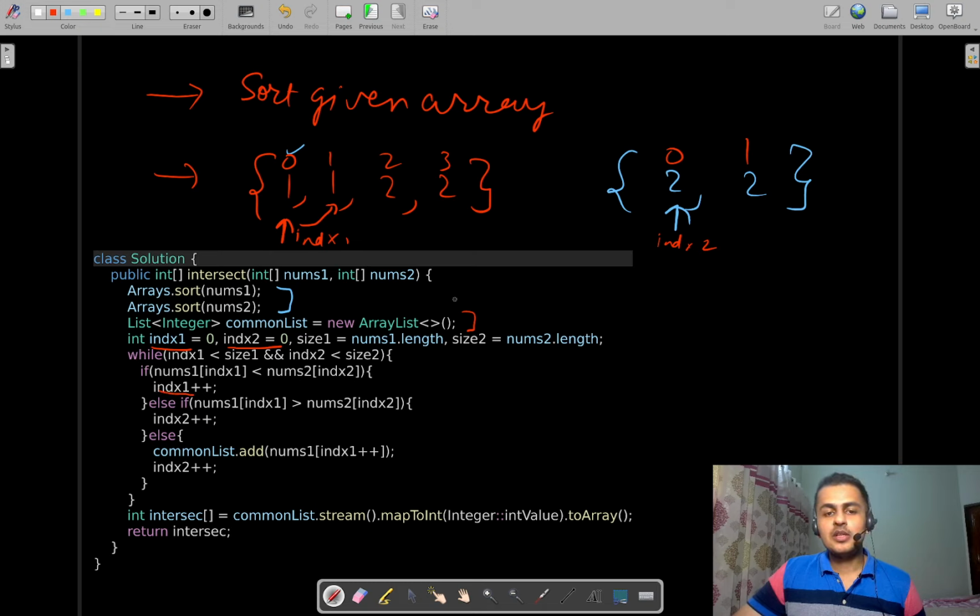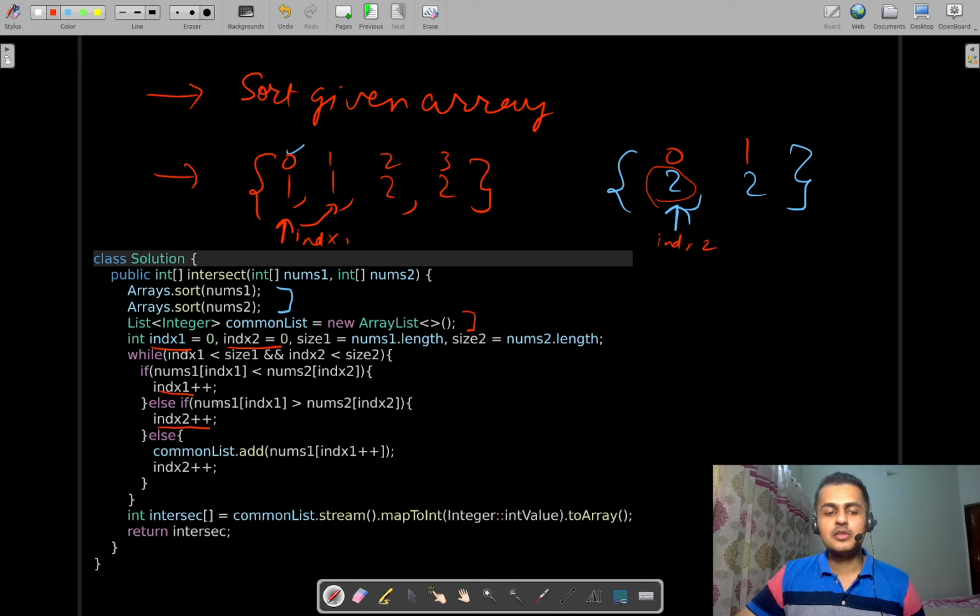And if there is a case that this particular number is lesser than the entry being pointed by the first pointer, then you will increment the second pointer.